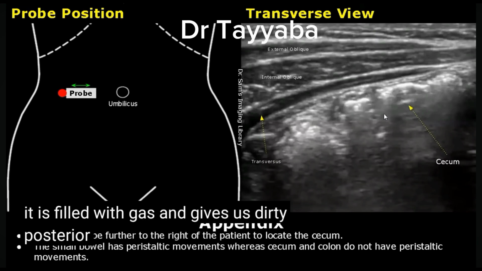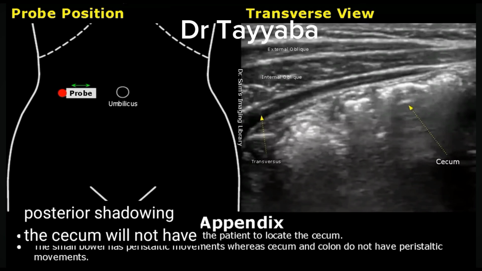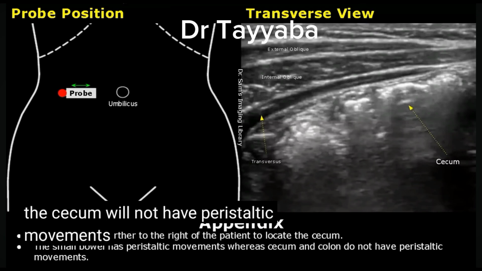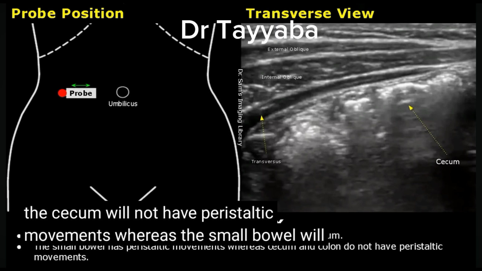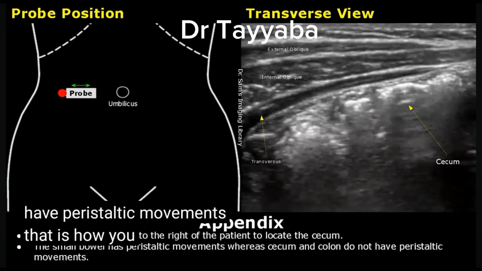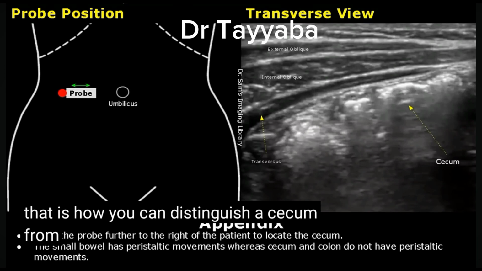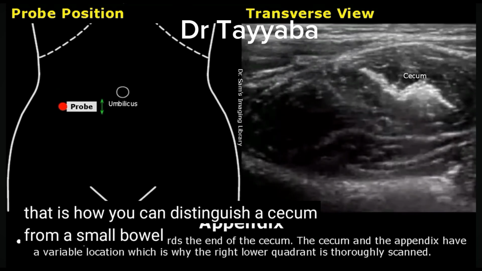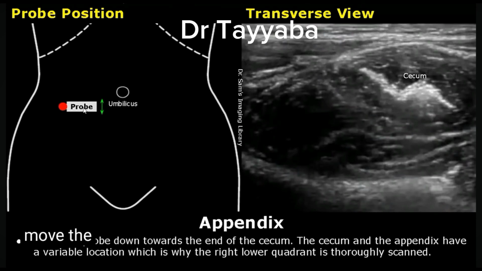It is filled with gas and gives us dirty posterior shadowing. The cecum will not have peristaltic movements, whereas the small bowel will have peristaltic movements. That is how you can distinguish a cecum from a small bowel loop.